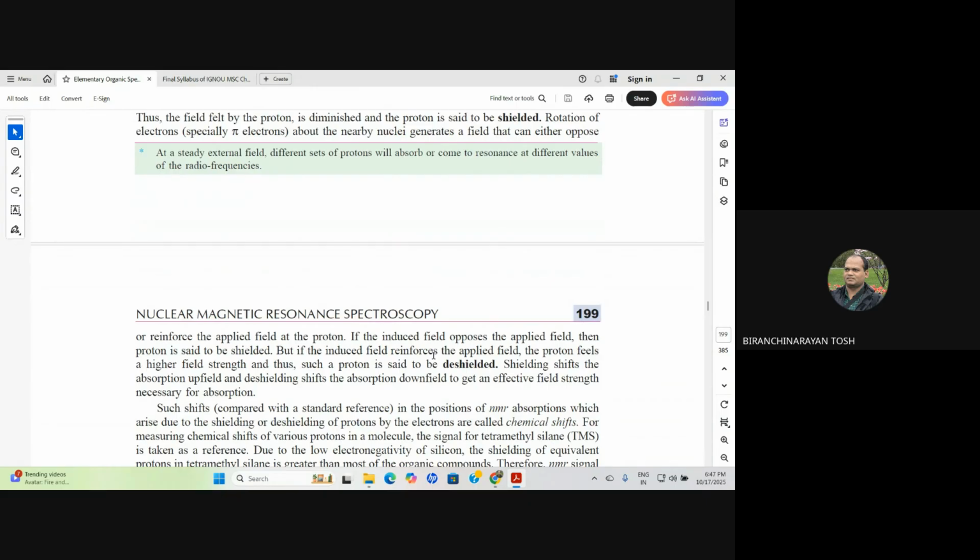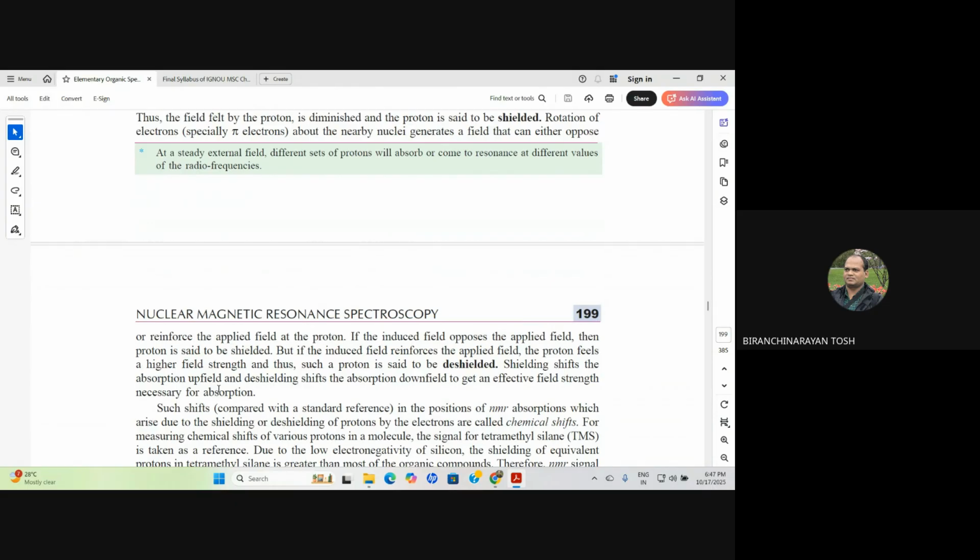Shielding means it will feel less magnetic field; de-shielded means it will feel more magnetic field. So shielding shifts the absorption: if it is shielded, it will absorb at lower energy, there will be resonance at lower energy, and that is known as upfield.